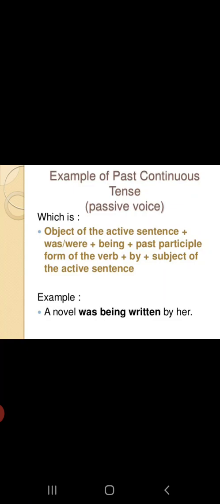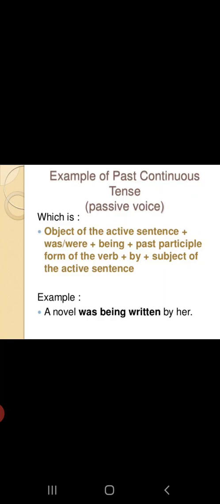As you can see in this structure, object of the active voice plus was, were, because we are making the past. Okay, if the sentence is in past, and because it is continuous, we will add being also, and after that the past participle form of the verb, that is the third form, and by plus the subject of the active sentence.